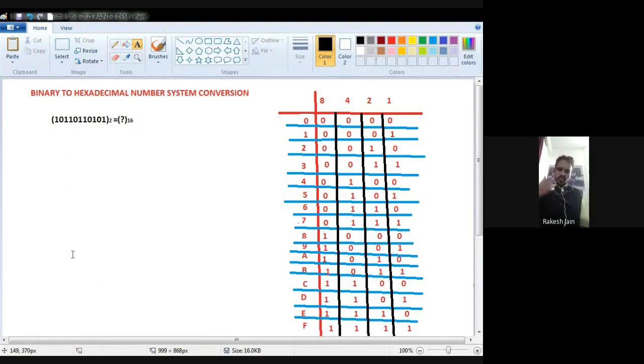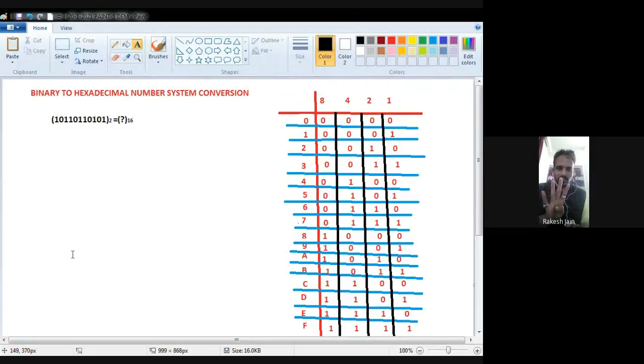Like in the previous lecture I taught you how to convert a binary into an octal: we write down the binary number and make a group of 3 bits from the rightmost side. Similarly, to convert a binary number into hexadecimal, just write down the binary bits and then make a group of 4 bits from the rightmost side.